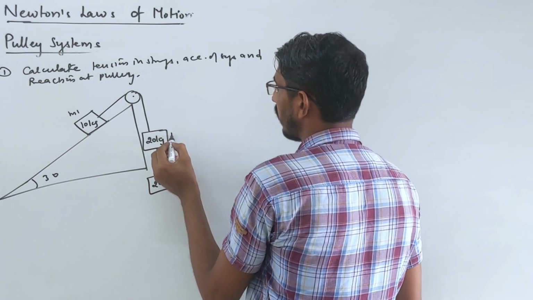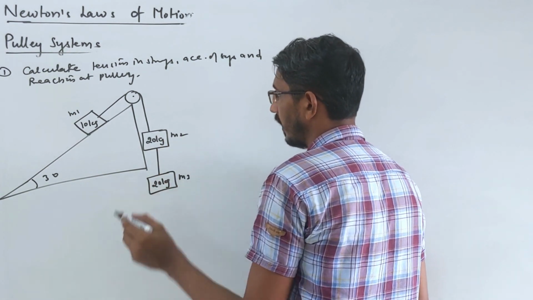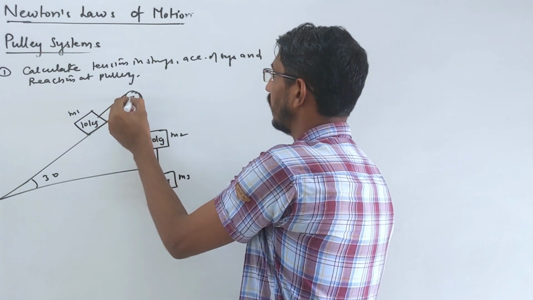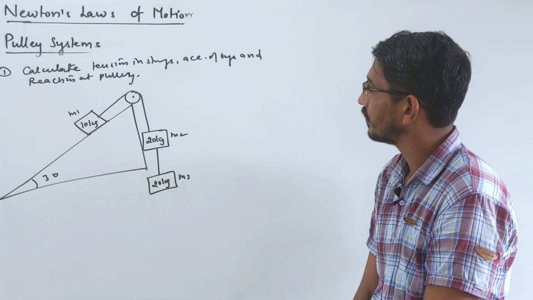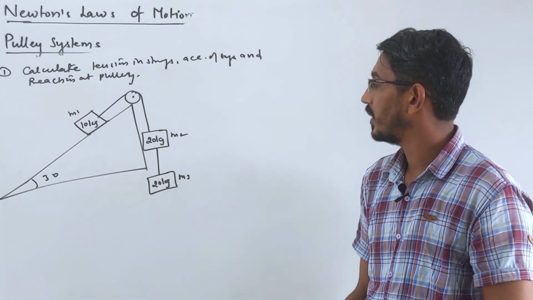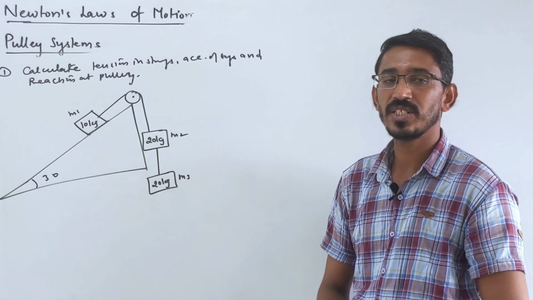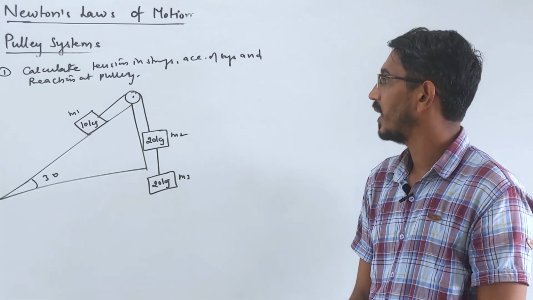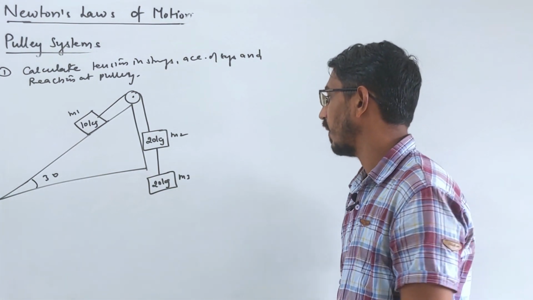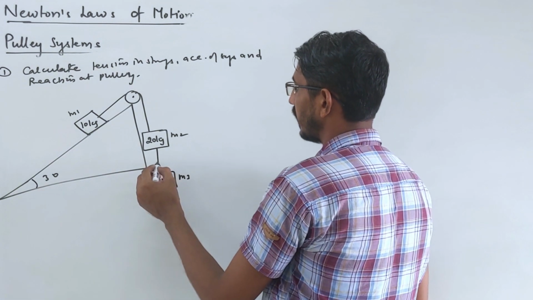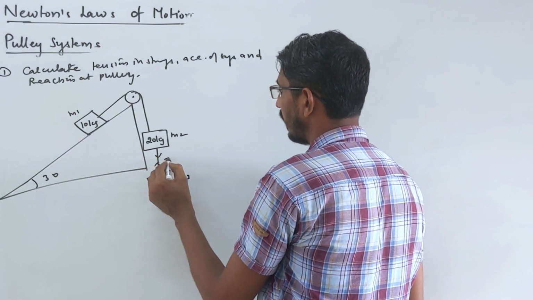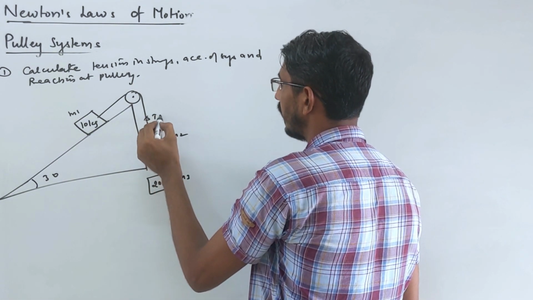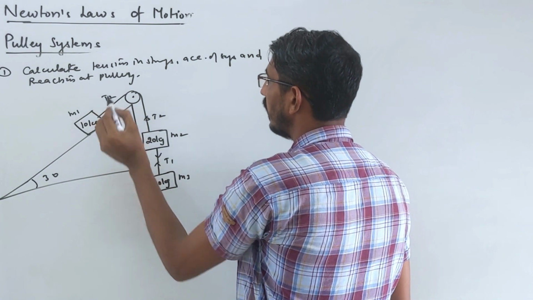This block I am calling M2, and that block M3. For this system you have to calculate the tension in the strings, there are 2 strings, the acceleration of the system and the reaction at the pulley. Let's calculate all these answers. Let's give some names: this string I am calling tension T1, that string T2, here also T2.